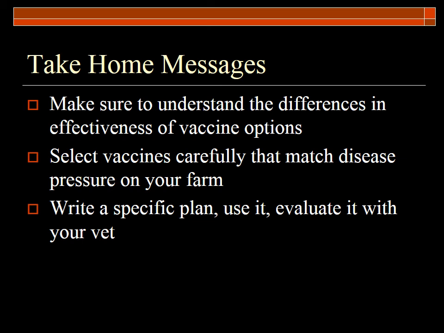There are instances, by the way, especially when you get into larger operations, where you can culture diseases on your farm and actually have vaccines made specifically for diseases that you have on your operation. That's actually fairly common in the swine business. They will culture diseases that they have going through their barns, take them to the laboratory, alter them, and make their own vaccines that are native to their own operation.